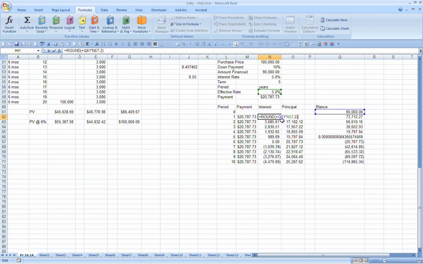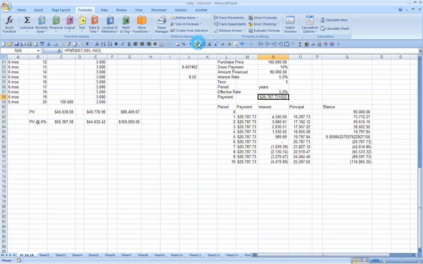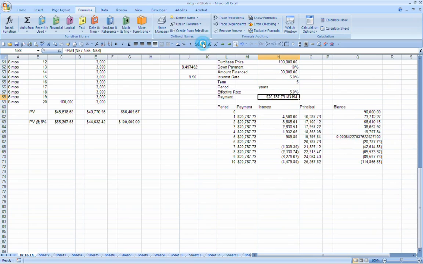And if I hit F4 here, and I copy this formula down, oh look, my interest went to 0. Why is that not 0? Let's look. Oh look, I need to round my payment amount.